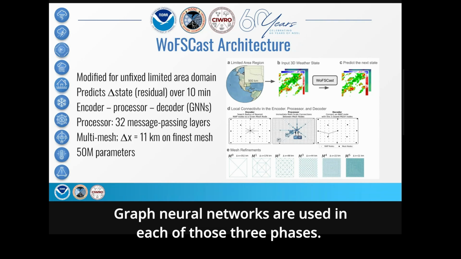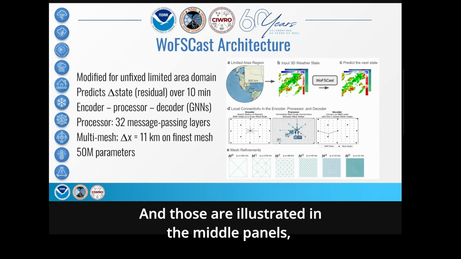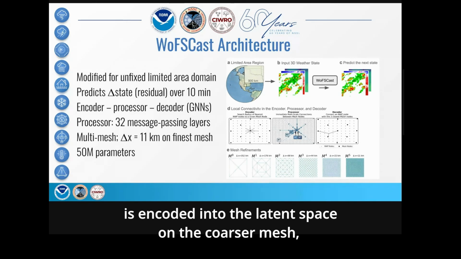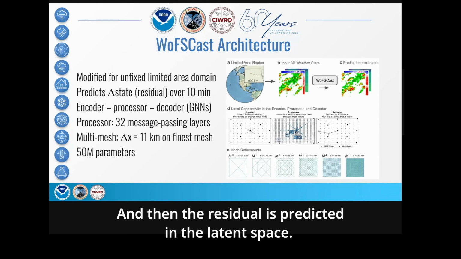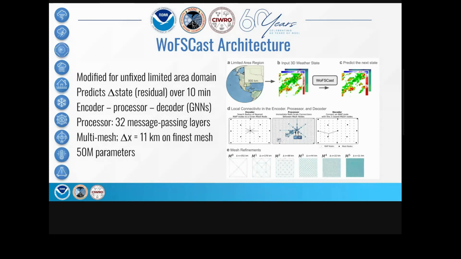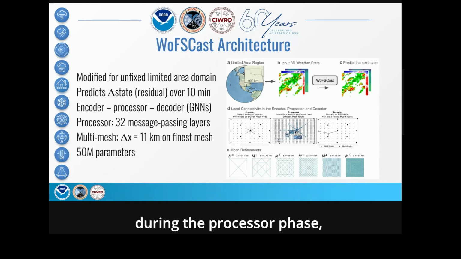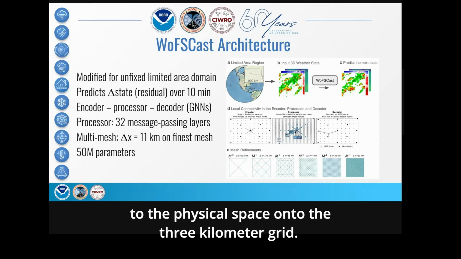Graph neural networks are used in each of those 3 phases, and those are illustrated in the middle panels, showing the encoding step where physical state information is encoded into the latent space on a coarser, multi-scale mesh, and then the residual is predicted in the latent space, using 32 message passing layers during the processor phase, and then the latent representation is decoded back to the physical space onto the 3-kilometer grid.